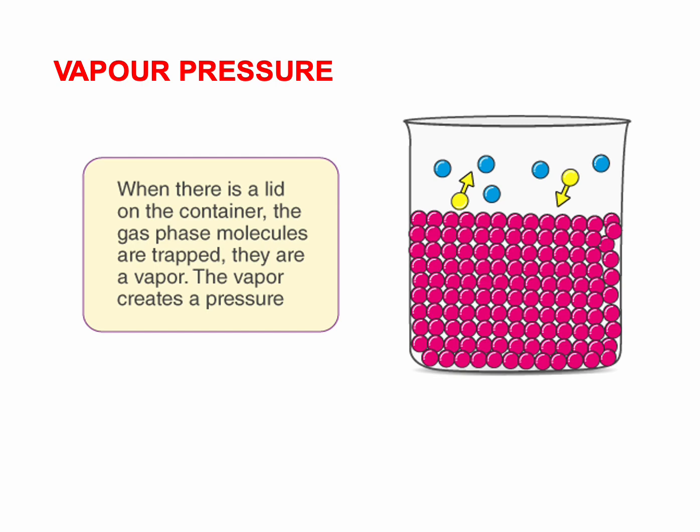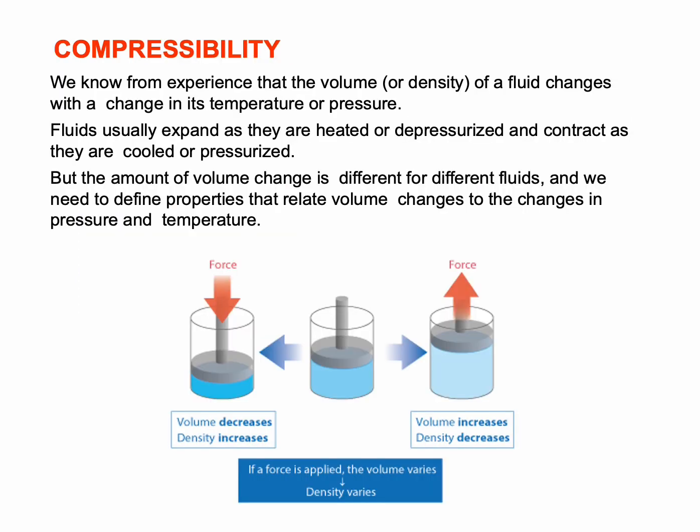The vapor accumulated in this space creates a pressure over the surface of the liquid and the lid of the container. This pressure is called vapor pressure.